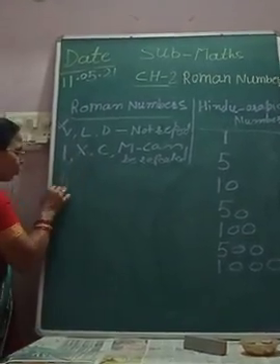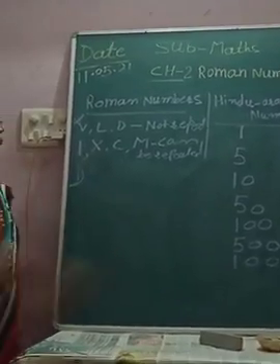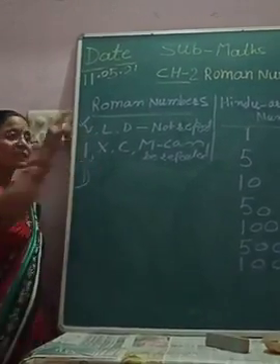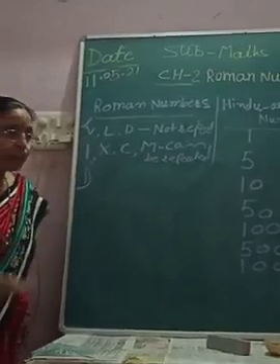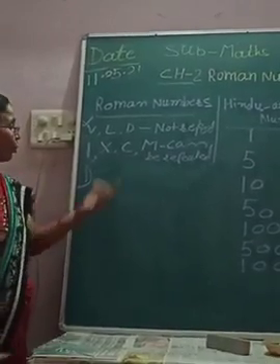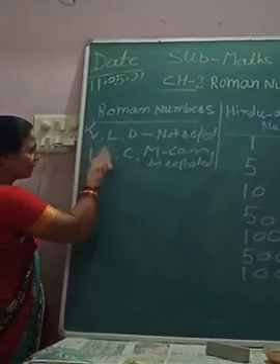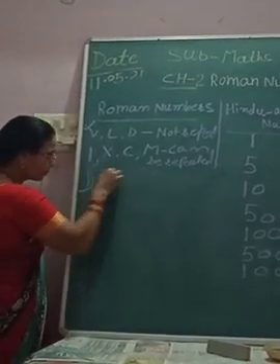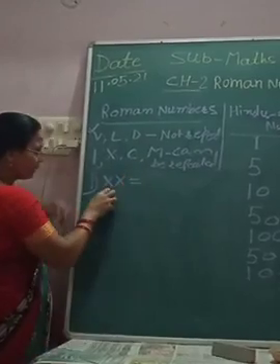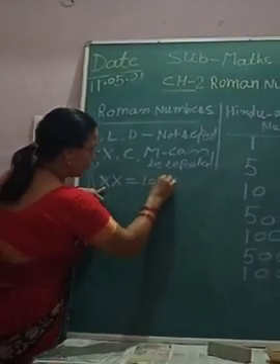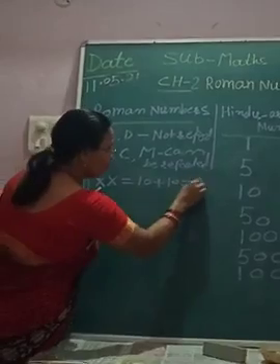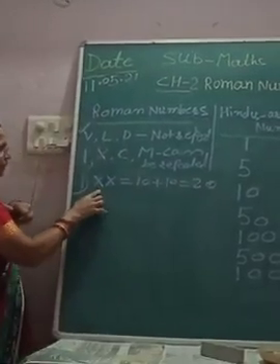So, first rule: same numerals can be repeated. As I have explained, suppose you have to write X, it means 20, 10 plus 10 is equal to 20. You can repeat.